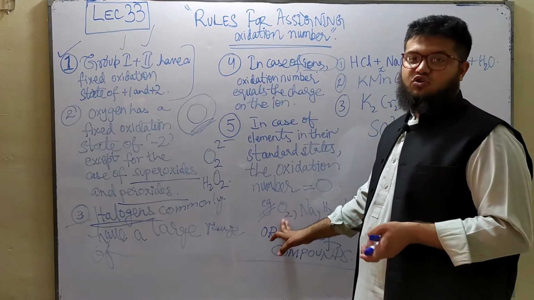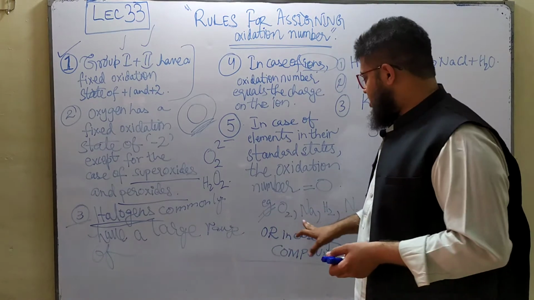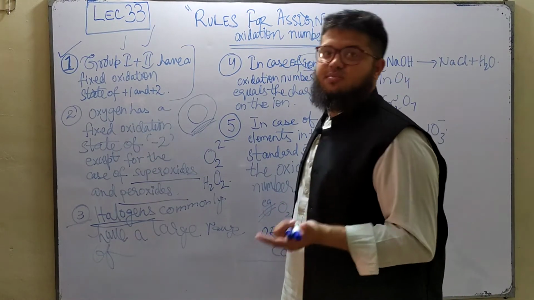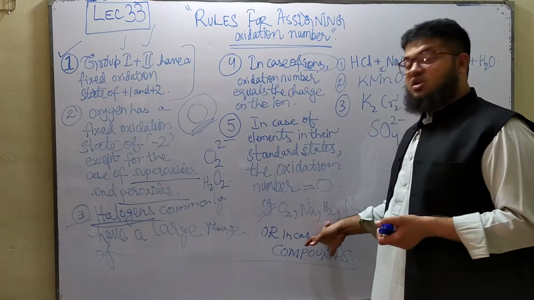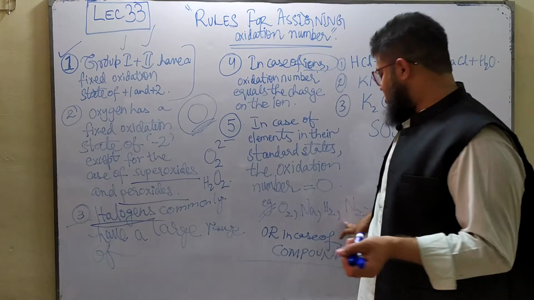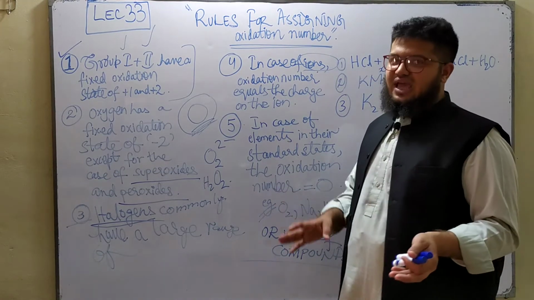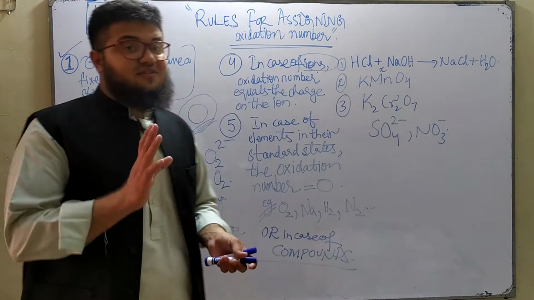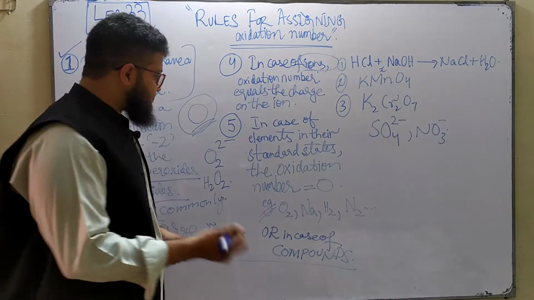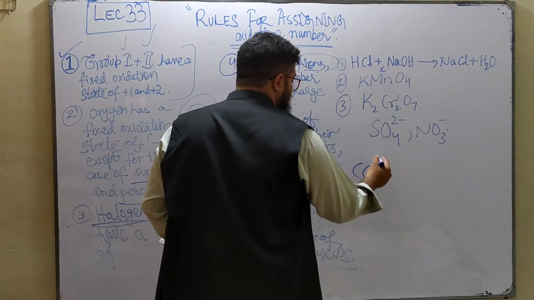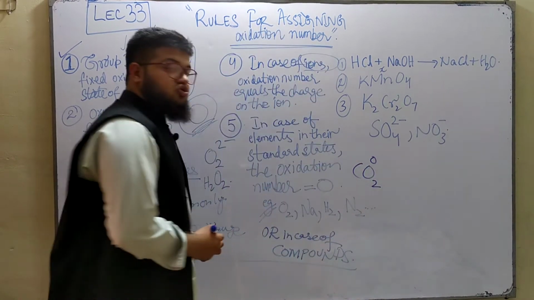O2 will have an oxidation number equal to 0. And sodium metal in the metallic form will have an oxidation number equal to 0. Hydrogen will also have an oxidation number equal to 0 in the elemental form. Nitrogen and so on, any element which you find will have an oxidation number equal to 0. Even for a compound, for example carbon dioxide, the overall oxidation number is also 0.